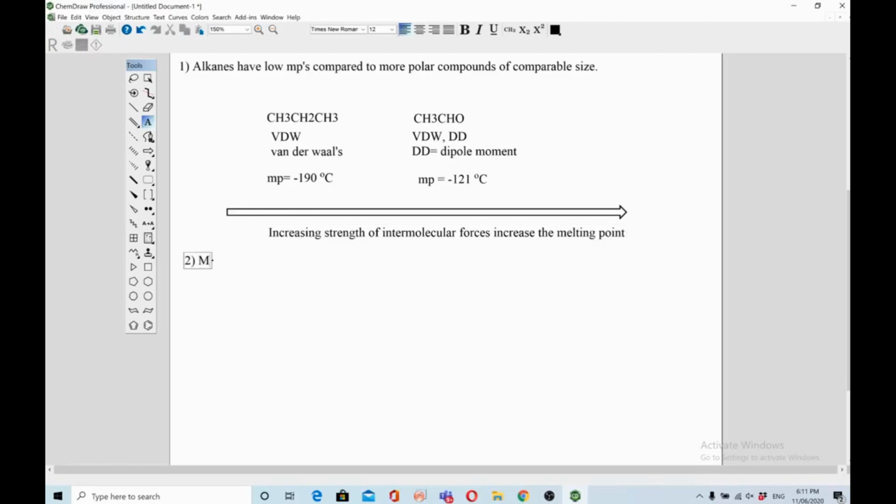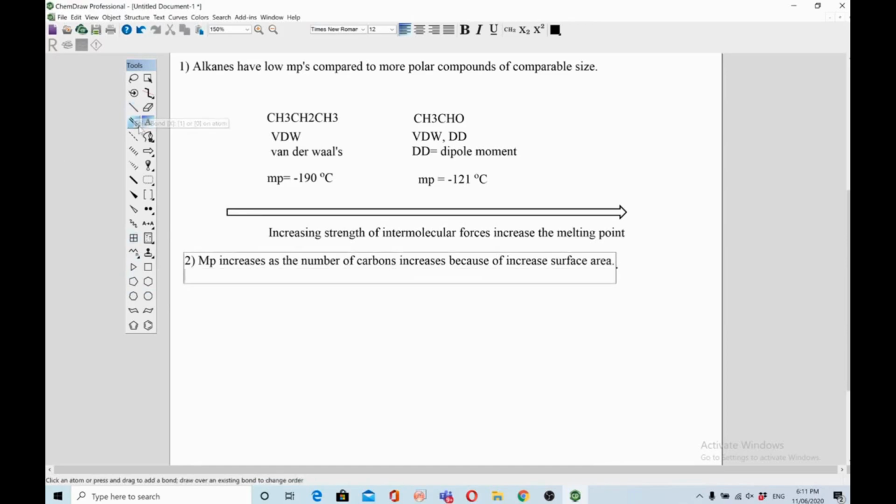Now point number 2 is melting point increases as the number of carbons increases because of increased surface area. So if you have more carbons in a compound, that compound is going to have a higher melting point.